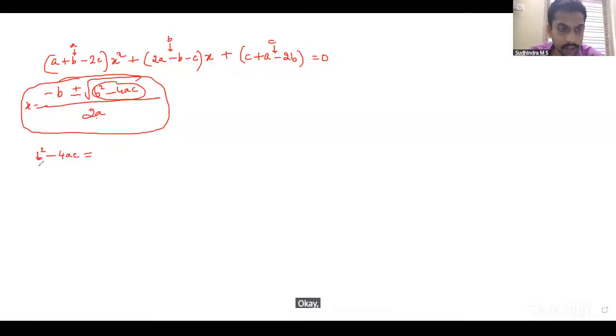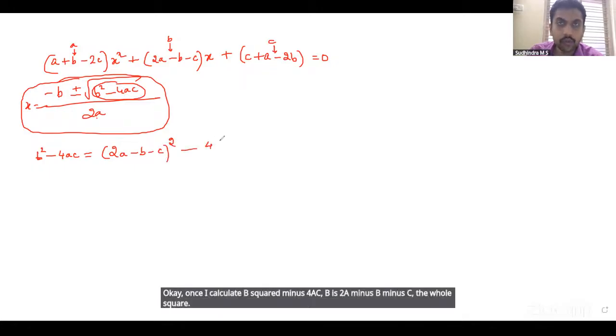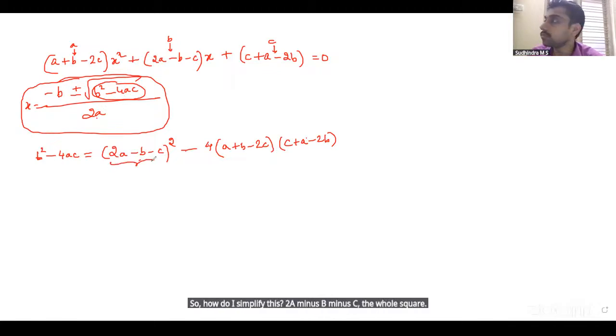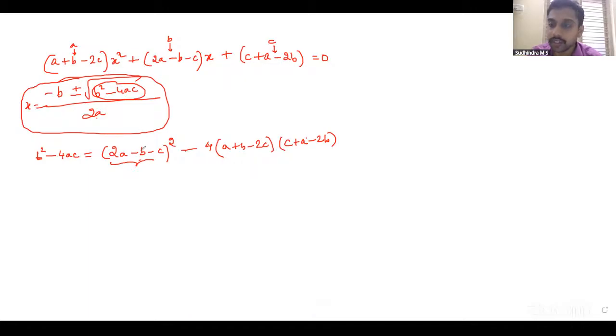Once I calculate b square minus 4ac, b is 2a minus b minus c the whole square minus 4 into a plus b minus 2c into c plus a minus 2b. Okay, b square minus 4 into a into c. So how do I simplify this? 2a minus b minus c the whole square. How do I simplify this?